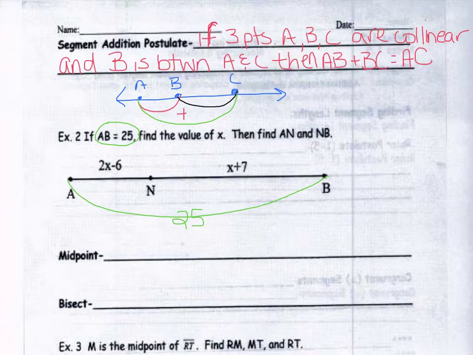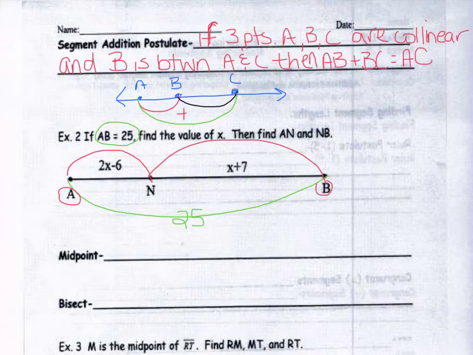All right, and find the value of x. Well, we've created an equation here without physically writing it out, so the next step would be to actually write it out. You would write segment AN plus segment NB equals the segment from A to B. We just discussed that when we talked about the segment addition postulate.